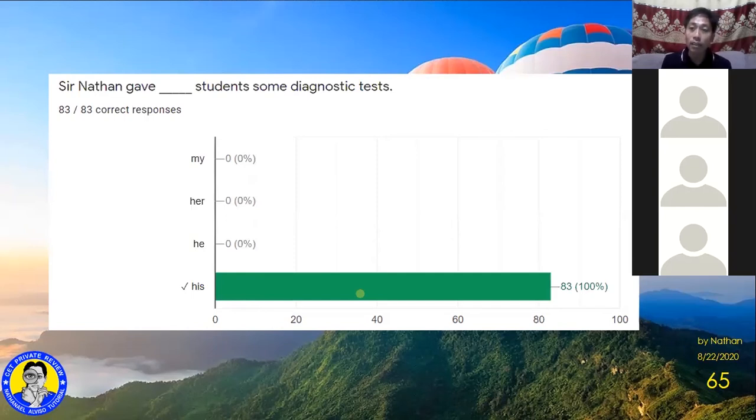Then it should be in the masculine form. So the correct answer here is his, because it appears before the noun students, so it should be in the possessive form. Third person possessive pronoun. So his, and everyone got it correctly.